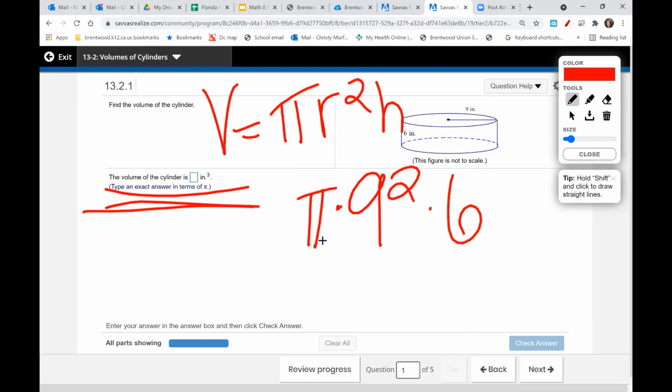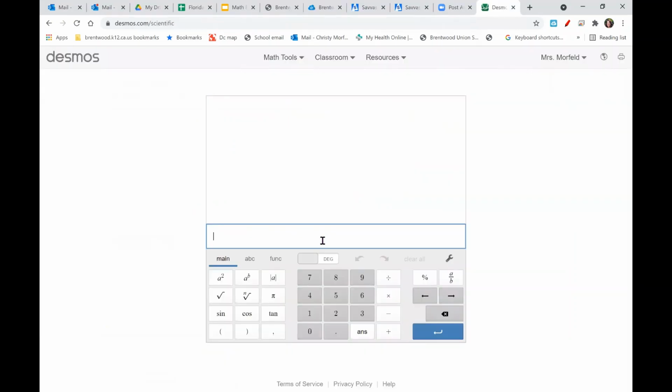So that means on my calculator, if you know that 9 squared is 81, I would just punch in 81 times 6. If you don't know that, you would do 9 squared times 6. Here's how, if you didn't know that 9 squared was 81, you would click on 9 and then the squared button and then times 6.